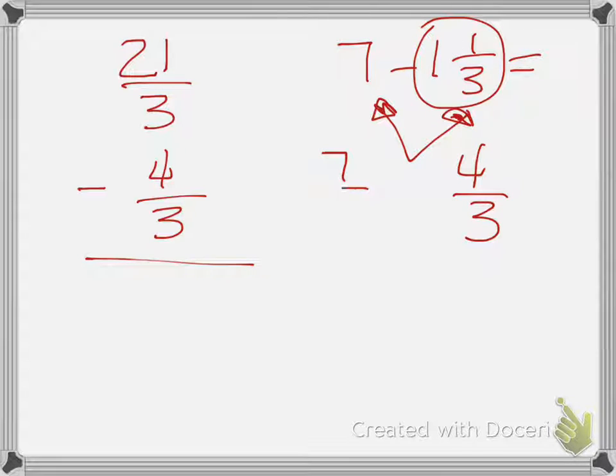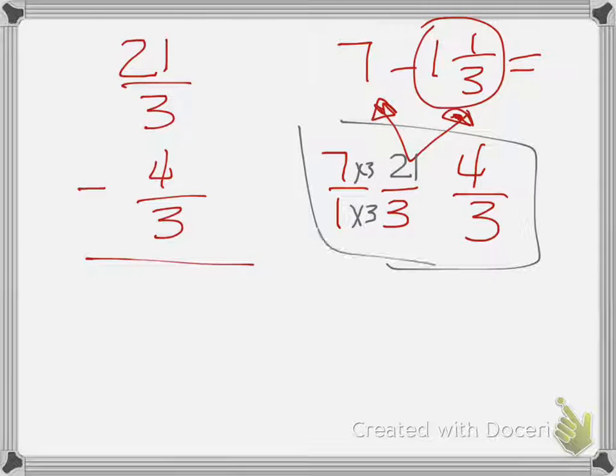The 7 over 1 was a bit more complicated, but certainly doable, by asking myself, 1 times 3 is 3, and 7 times 3 makes 21. So now I have both numbers as an improper fraction. Now let me go back to the problem. 3 is our common denominator, and 4 from 21 is 17.